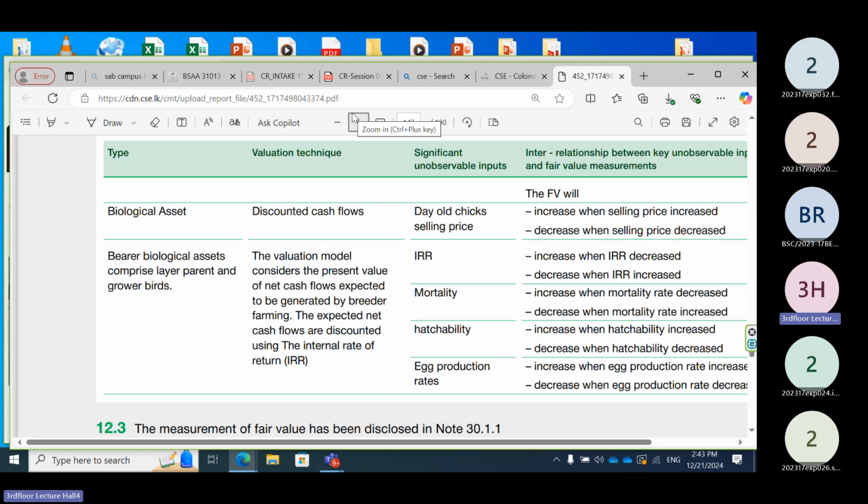But fair valuation is a common standard, right? So you have to equip yourself with whatever the requirement is: basic scope, techniques, measurement basis, levels, disclosures. Those are the areas you need to focus on. Right.